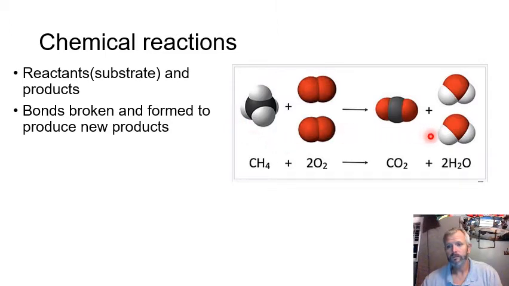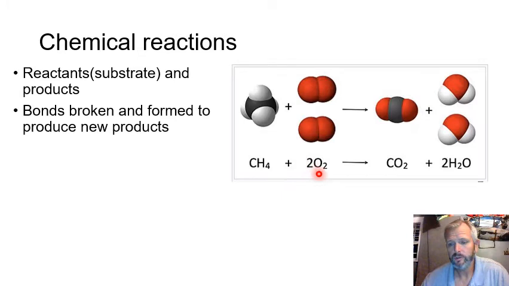Moving to products. So here we have CH4. Okay. CH4, it's not telling you how it's bonded, but it's telling you what atoms are involved. We got the big carbon atom, and it's bound to 4 hydrogen. Okay, covalently bonded.